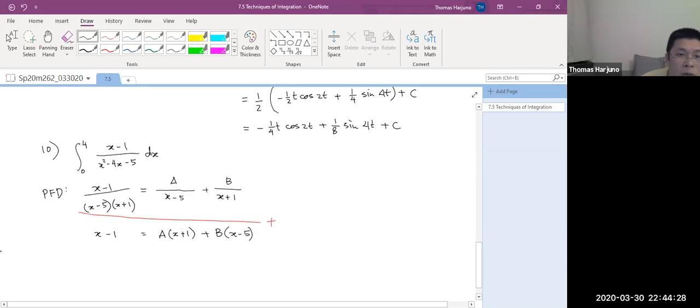So when x equals 5, I will get 5 minus 1 equals A times 6 plus 0. So 4 equals 6A, A equals 2 thirds.